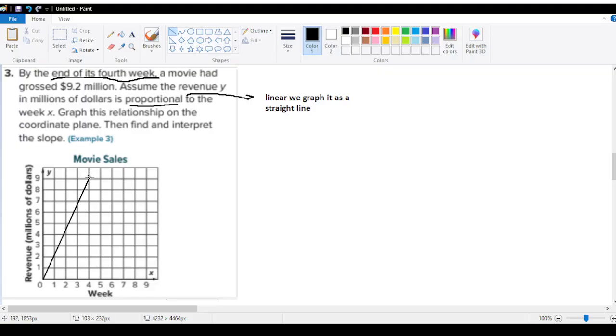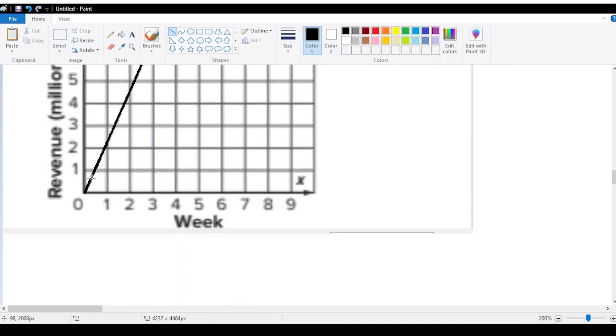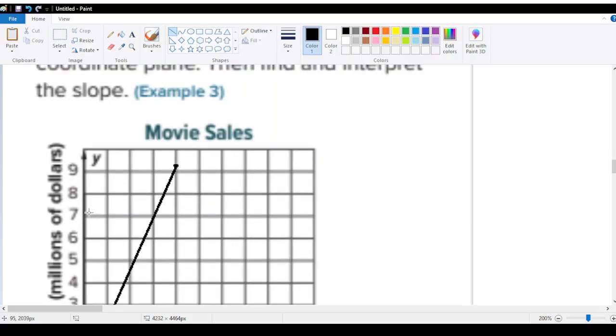Why am I going to connect it from 0, Shamsa? Because it's known that if we are talking about revenue in dollars and weeks, at the start, before any weeks, at 0 weeks, we will have 0 revenue. That makes sense. Okay? Yes.